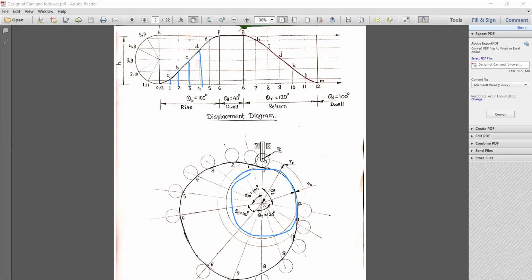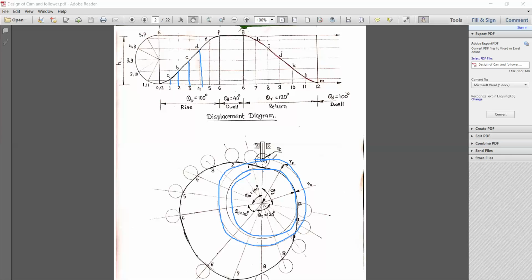Now second, we have to draw another circle by considering the roller diameter, that is the tracing circle, based on which you can find the cam profile. Adding 7.5 to the radius, what do we get? 37.5 as a radius, and I have drawn the second circle, that is the center arc circle.